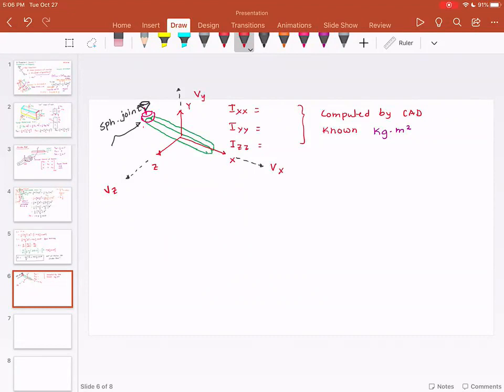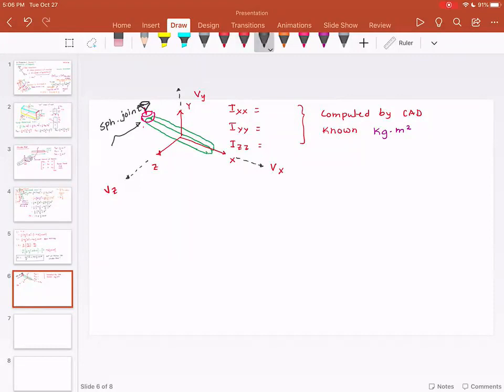It may not be physically realizable in this particular configuration, but because of the nature of the spherical joint, you could have a component of linear velocity about z, about x, and about y.